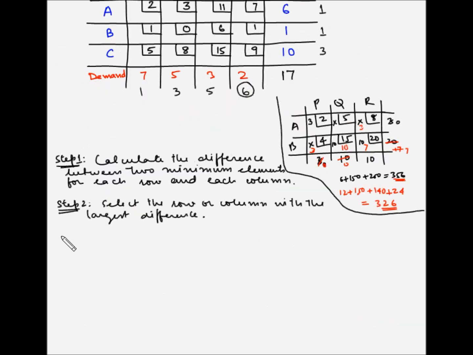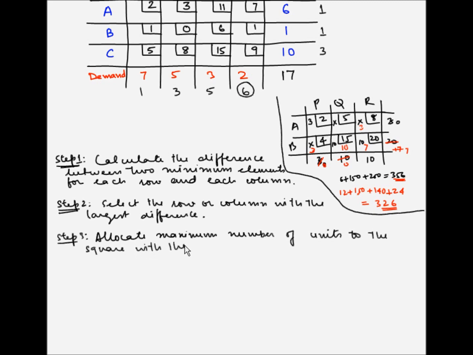Now step 3 says allocate maximum number of units to the square with the minimum cost in the selected row or column.